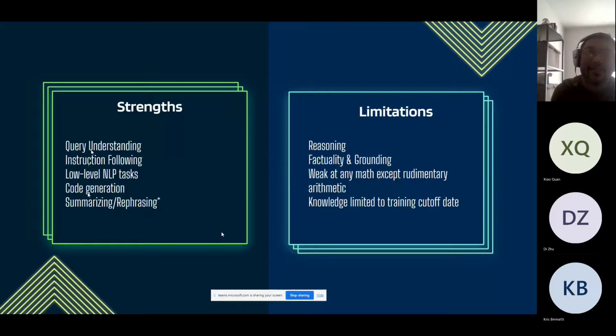Personally, it has reduced my coding time by about 55-60%, I would say. And it's also great at summarizing and rephrasing. So I have an asterisk here because there is still the hallucination problem and the factuality problem that prevents this from being something that you can call a full-fledged strength.